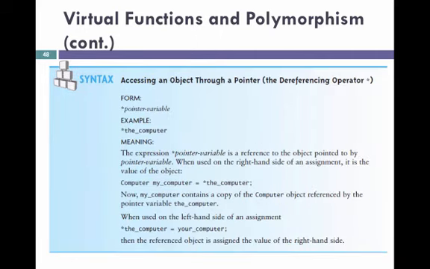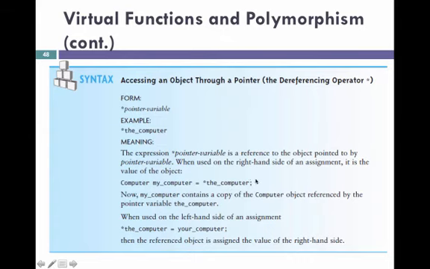Now, how do we access an object through a pointer? We can use the dereferencing operator, and here's the syntax, which is a star followed by the pointer variable name. So here's an example, star the computer. What does this mean? The expression is a reference to the object pointed to by the pointer variable. So when it's used on the right-hand side, it's the value of the object.